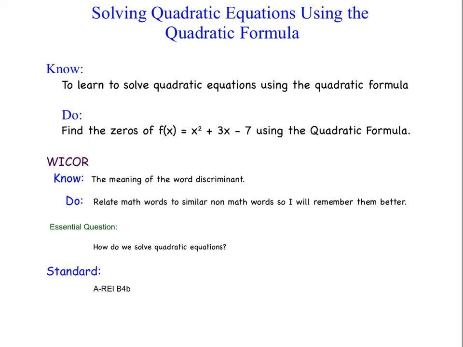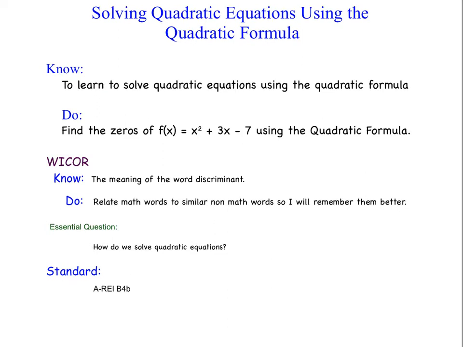Now, think with me for a moment. If I say the word discriminate, what would that mean if somebody is discriminating? Well, one of the meanings of the word discriminate would be to decide against something or decide for something, based on some different criteria.